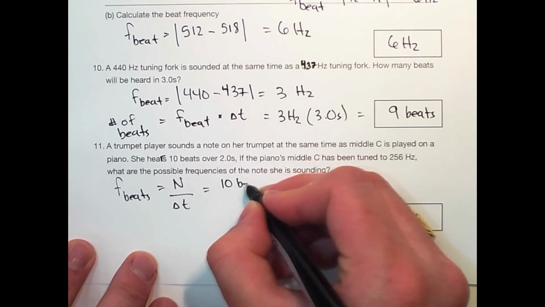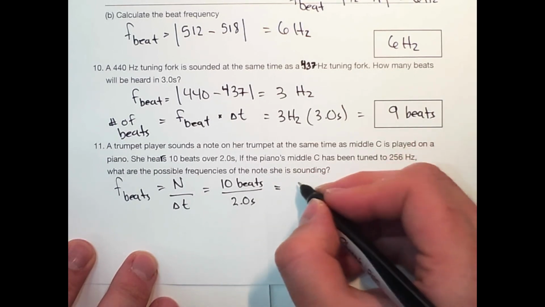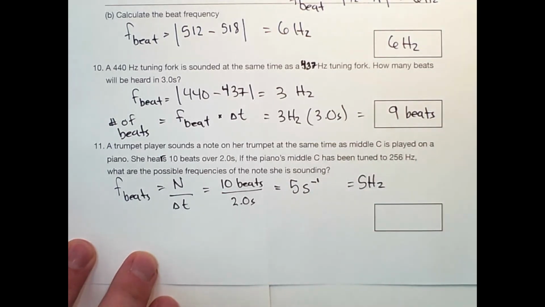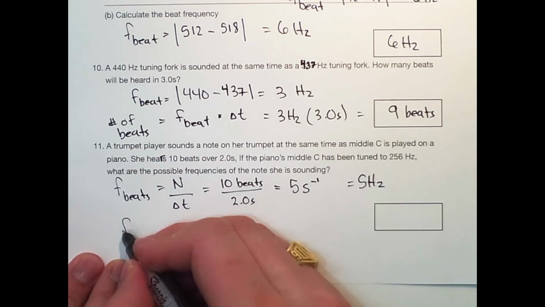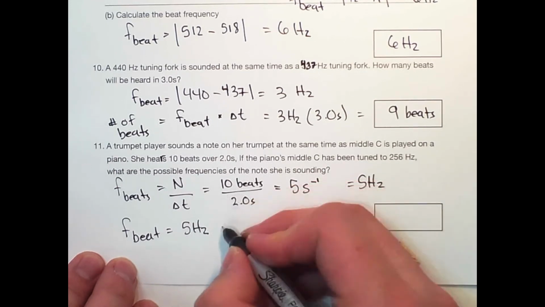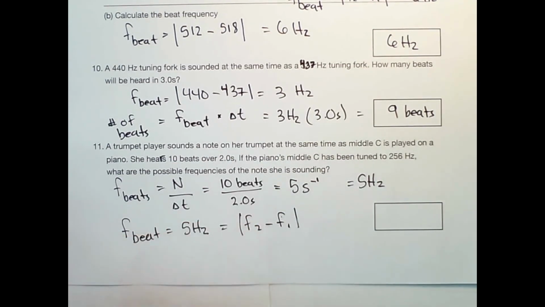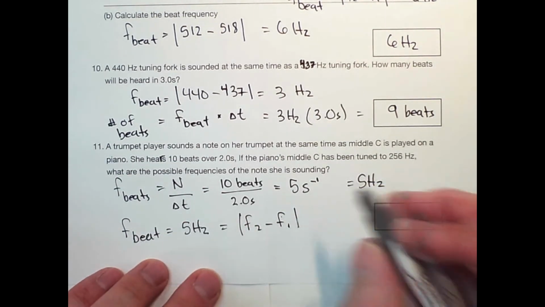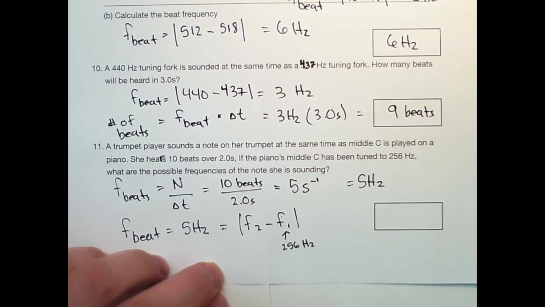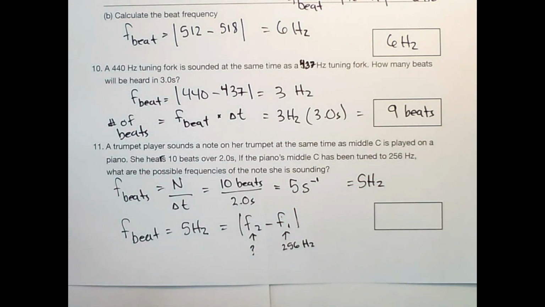So we hear 10 beats in 2 seconds. The beat frequency is 5 hertz. So that would be F2 take away F1. Now, let's make F1 256 hertz.